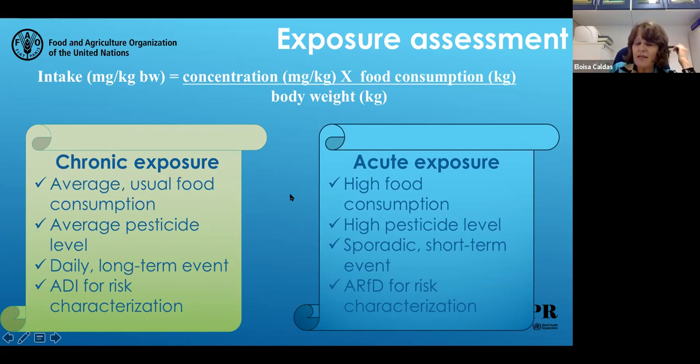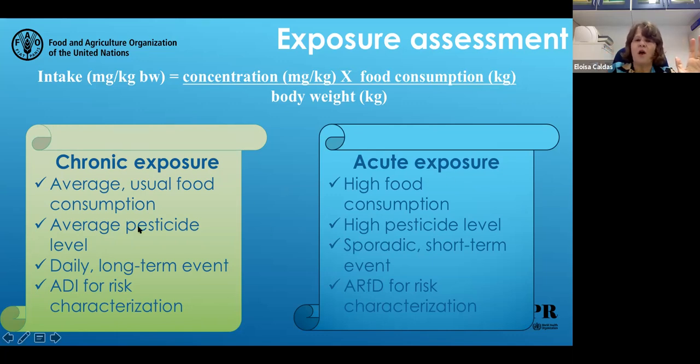And I may say already to you that a third kind of exposure is being discussed at JMPR. It's called shorter than lifetime exposure. And this actually wants to mimic neither a long-term exposure, nor an acute exposure over 24 hours.